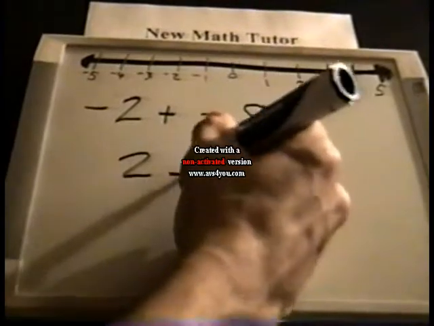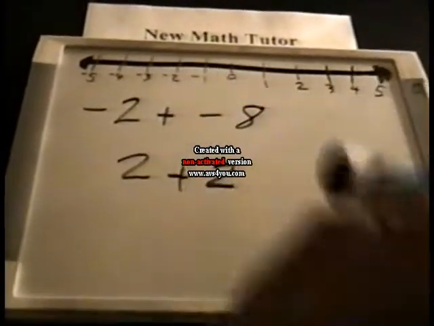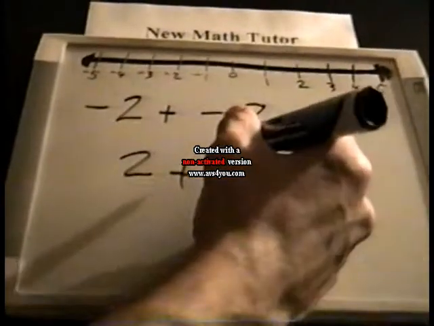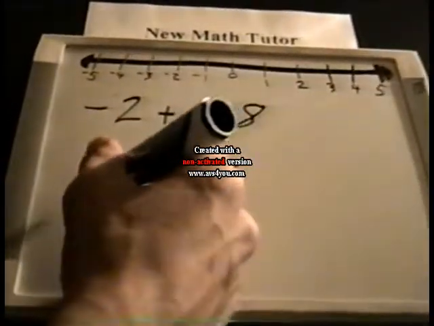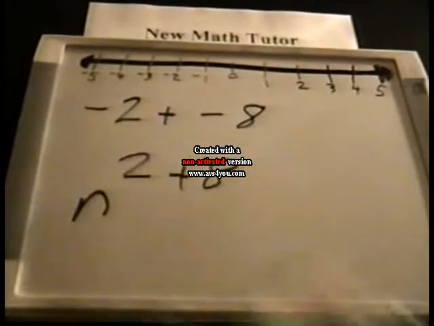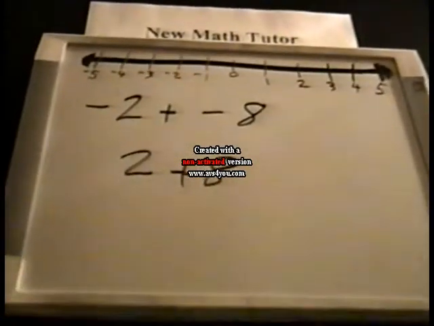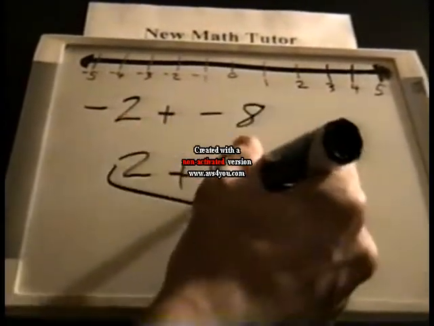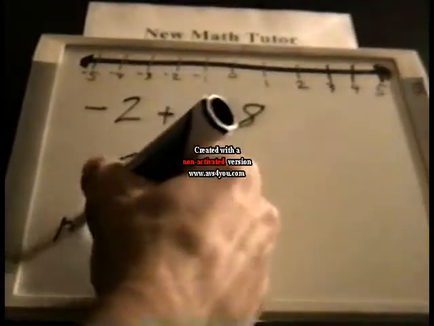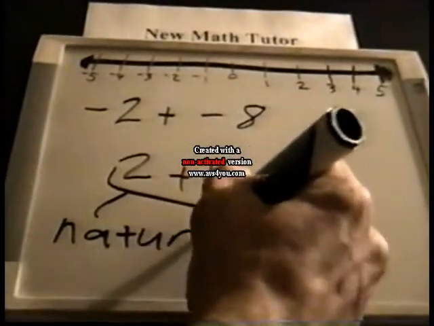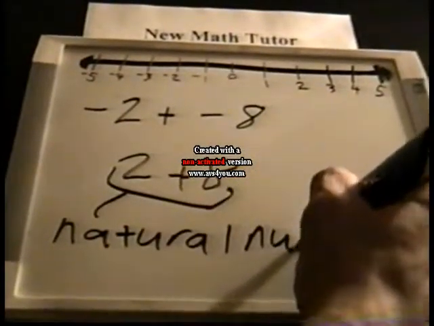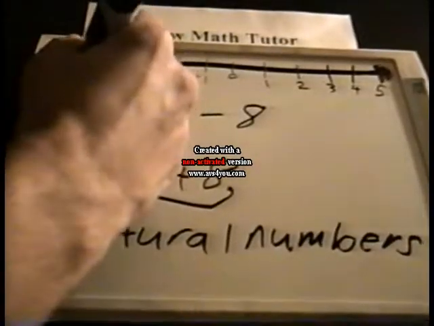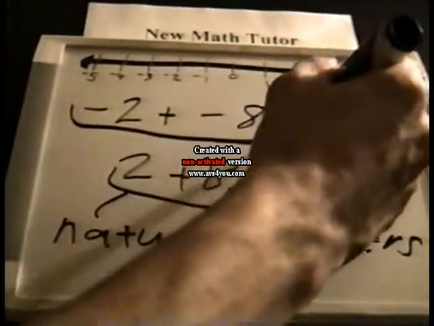Negative 2 plus negative 8. Now when adding two numbers with the same signs, you can simply treat them as any regular looking numbers, as any natural numbers. These are called natural numbers.